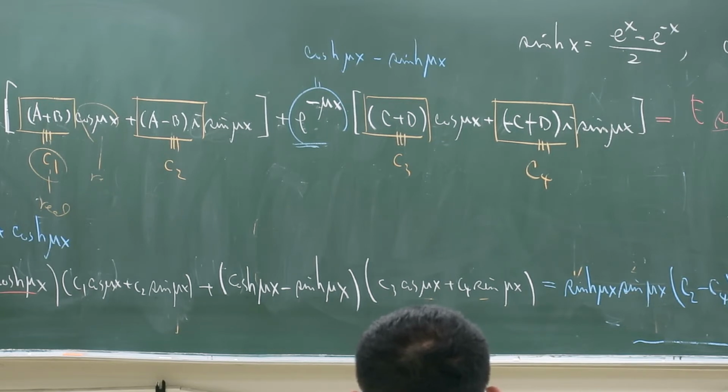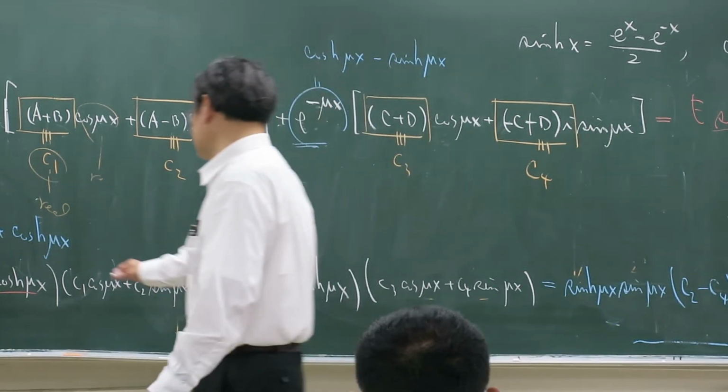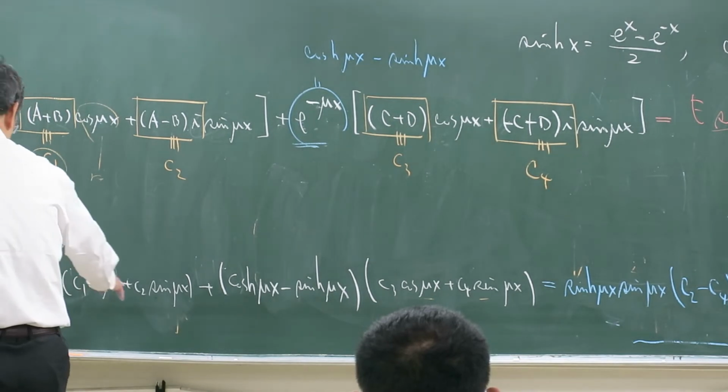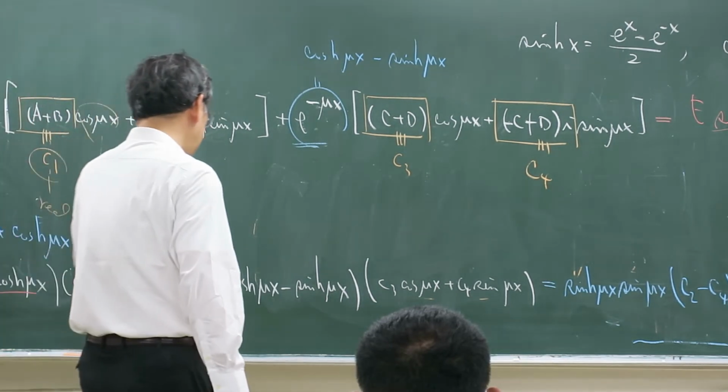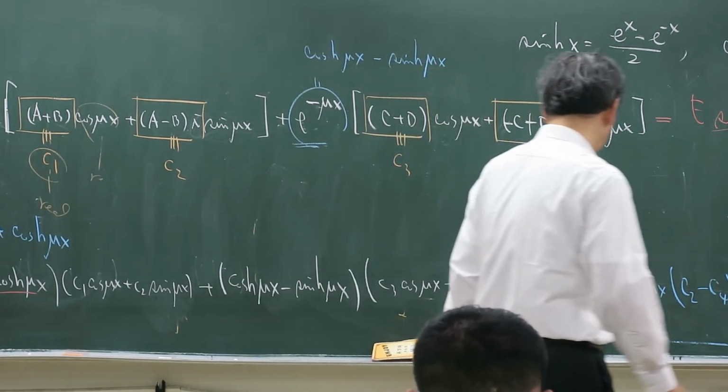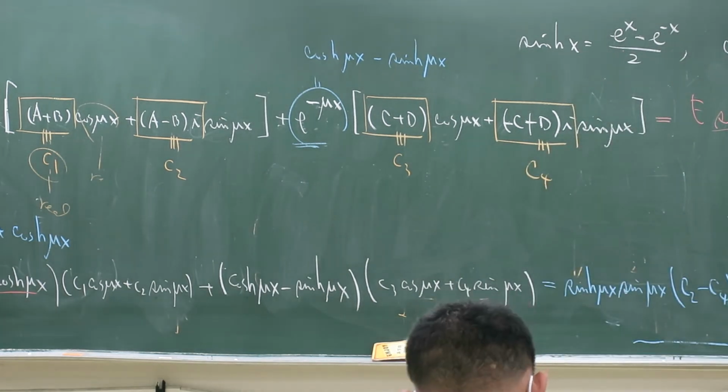Plus hypercosine mu x sine mu x. It will be hypercosine sine. Hypercosine sine C2, hypercosine sine C4. C2 plus C4.